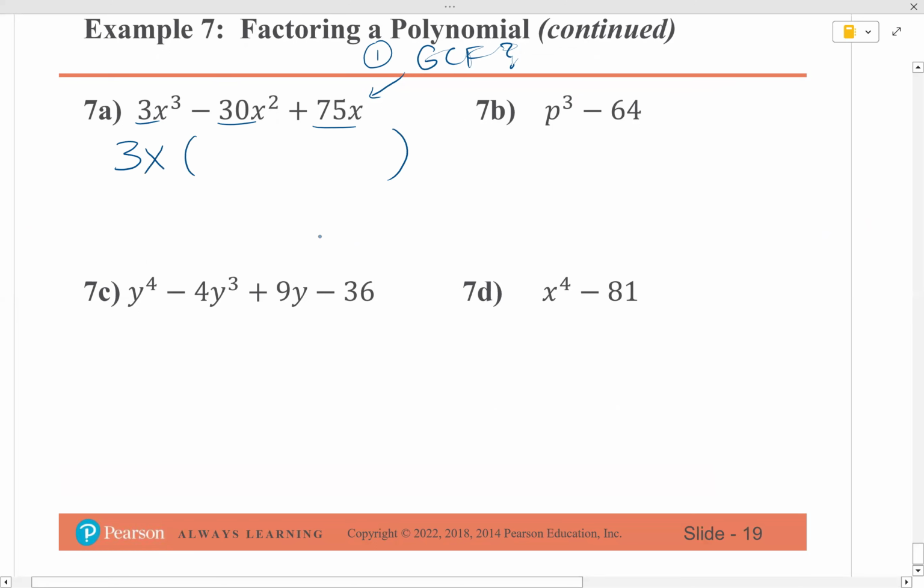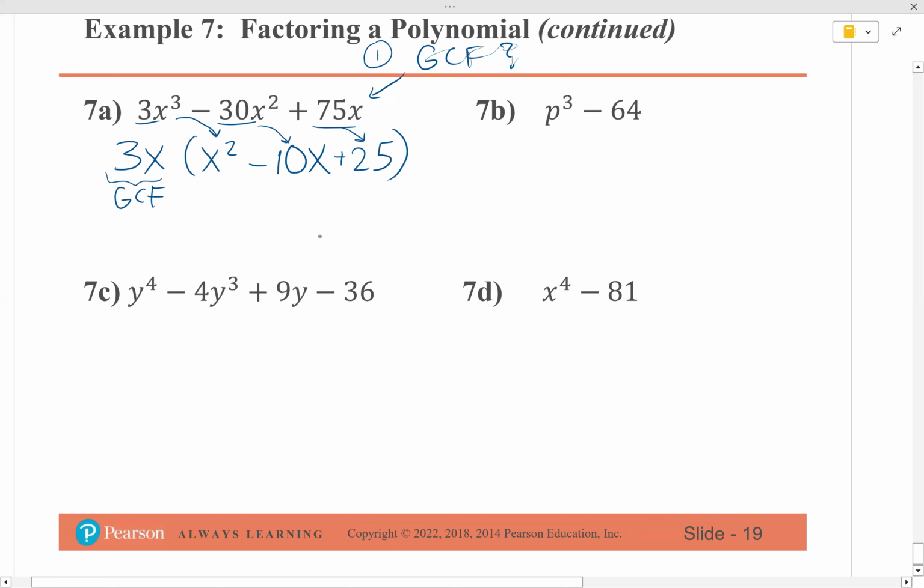3x times what would be this guy, x squared. 3x times what is 30x squared, negative 10x. 3x times what is 75x, that's 25. So that was the greatest common factor, but check this out. This is crazy.